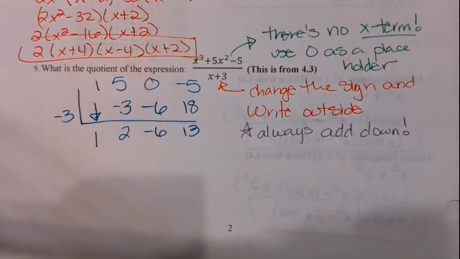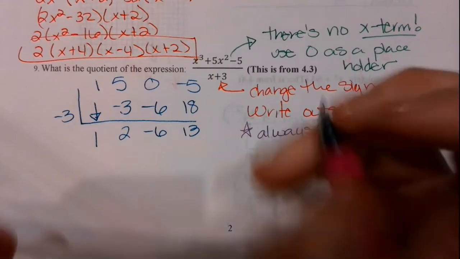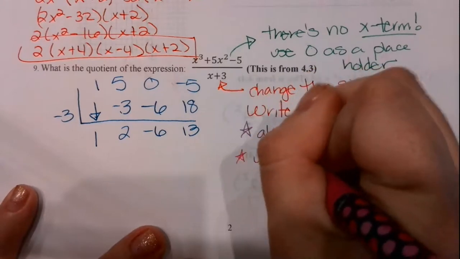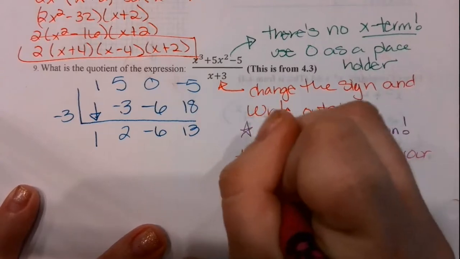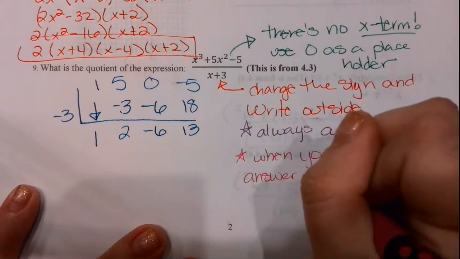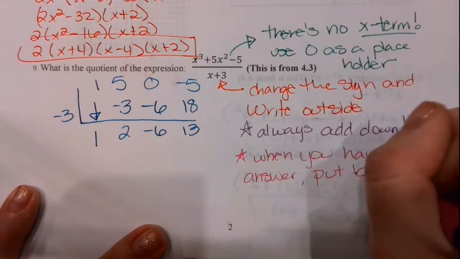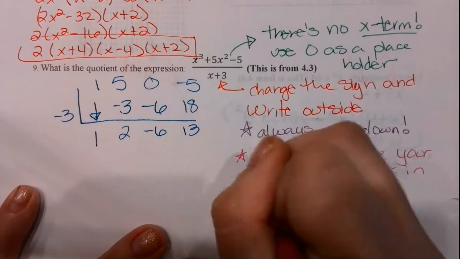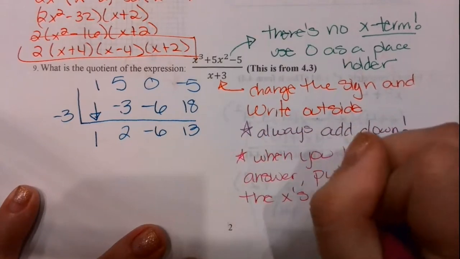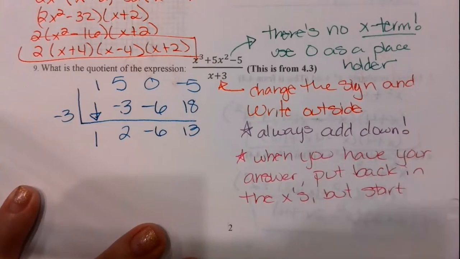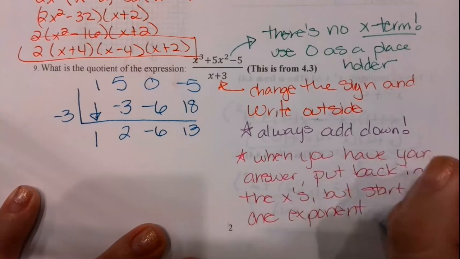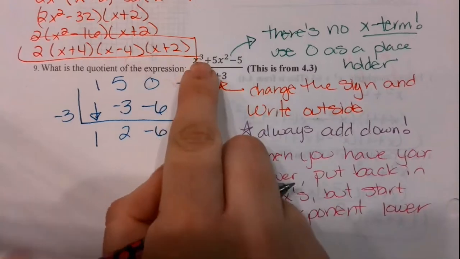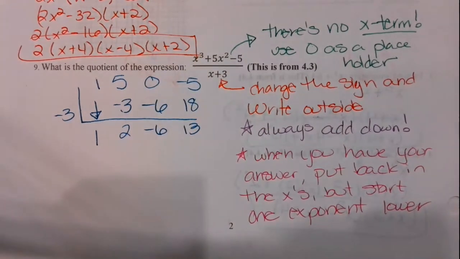So then what I want to do is I want to put back in my x's, but I start one exponent lower. So originally it started with a cubed, so when I plug back in, I'm going to start with a squared.